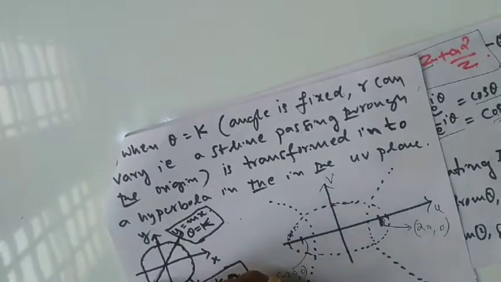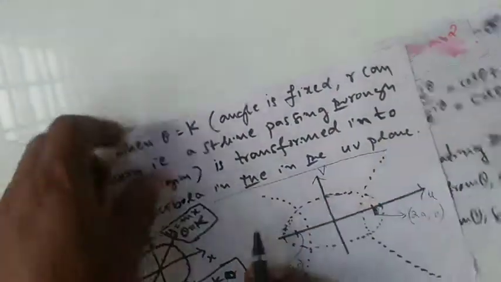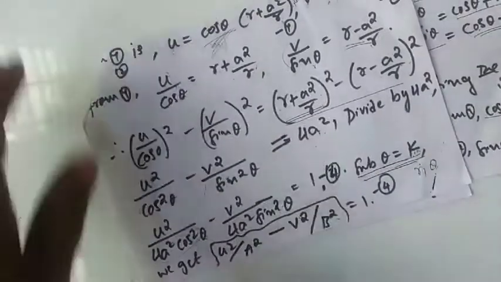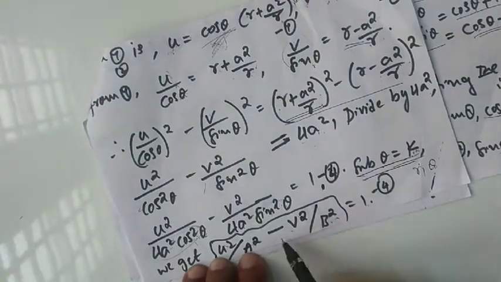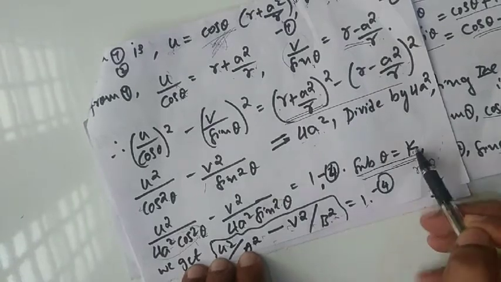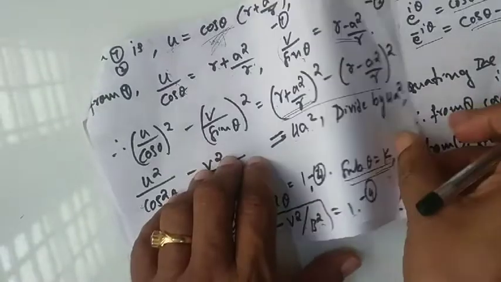If I take a straight line passing through the origin, it gets transformed into a hyperbola in the UV plane. Why? Because observe the equation. What is this equation? u squared by a squared minus v squared by b squared is equal to 1. This is a hyperbola. When are you getting a hyperbola? When theta is equal to k. So the explanation is like this.